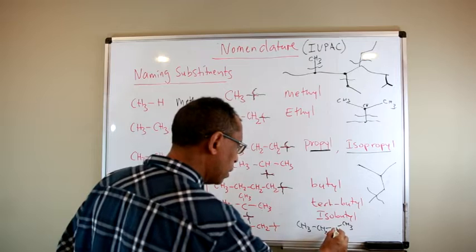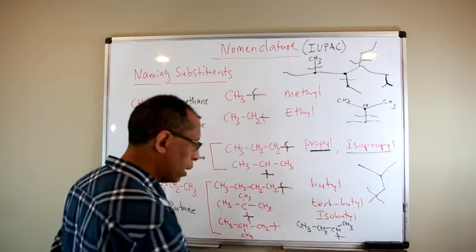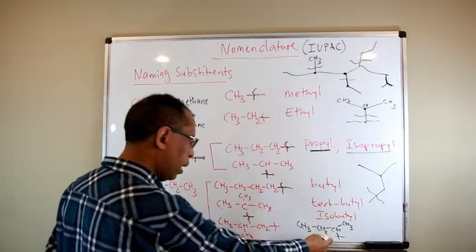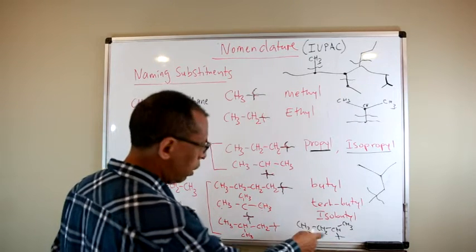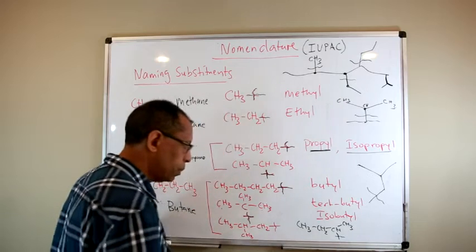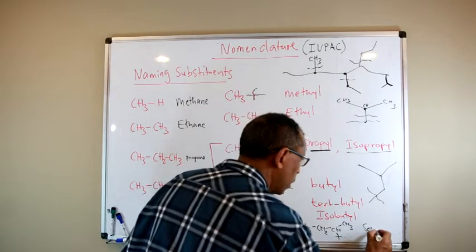You have this is attached through that. So that is just directly attached to this, which is almost okay. So this is sec butyl as well. This is called sec butyl.